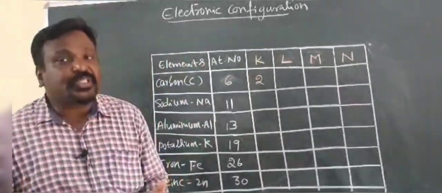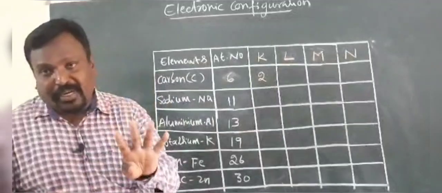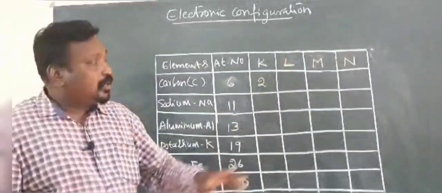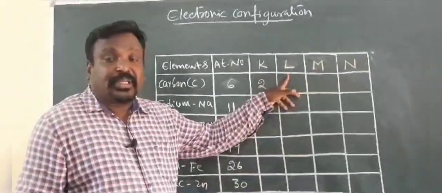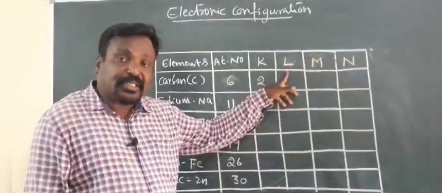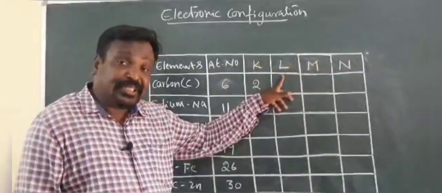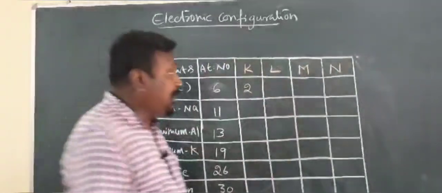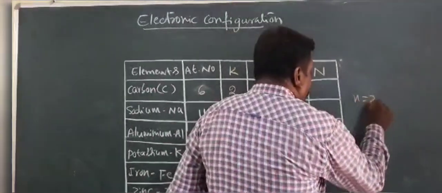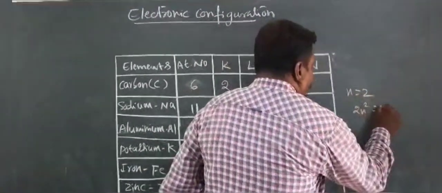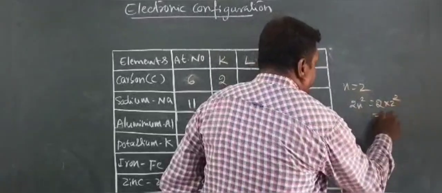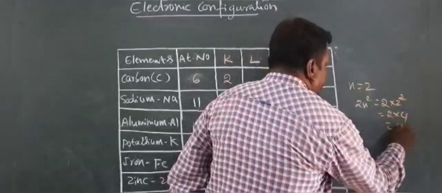Now, how many electrons are left behind? There are 4 electrons, correct? The maximum number of electrons in the L shell is given by 2n square, meaning 2 into 2 square, that is 2 into 4, that is 8.